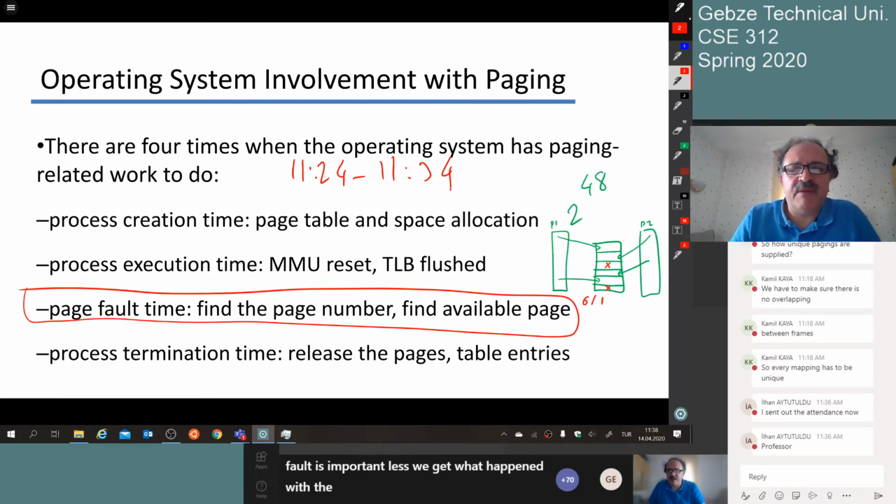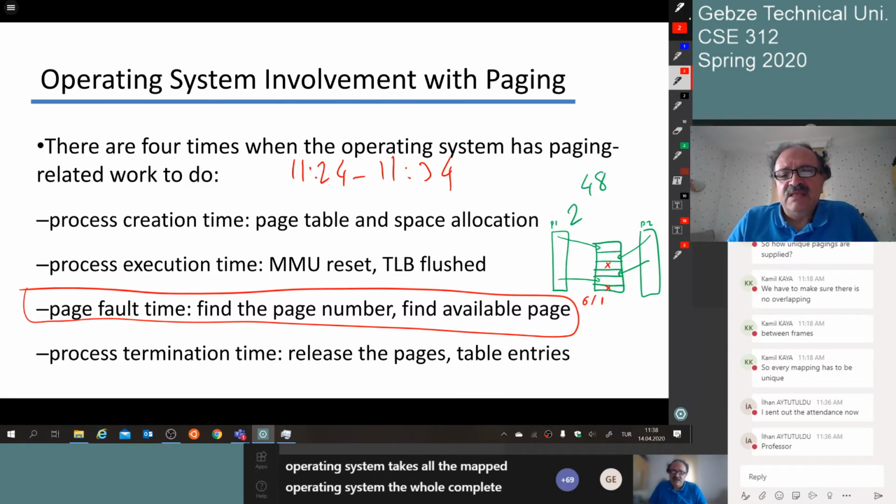Whenever a page fault happens, let's follow the steps that the whole computer system takes, not only the operating system, because some parts have nothing to do with the operating system, but some parts are 100% operating system.